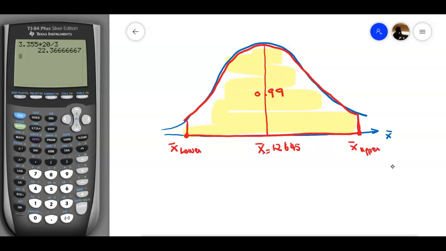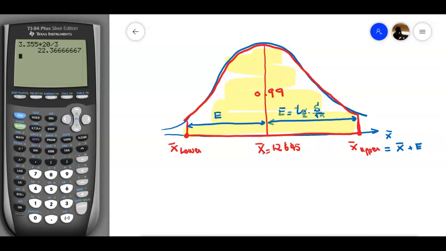All right, so now what is E? In fact, E, what we calculated earlier, is the distance from the X bar to the upper end, which is E here, equal to T alpha over 2 times the S divided by radical N. If I want to find the upper end, this would simply equal X bar plus the error E. In a similar way we can verify this is E as well here.